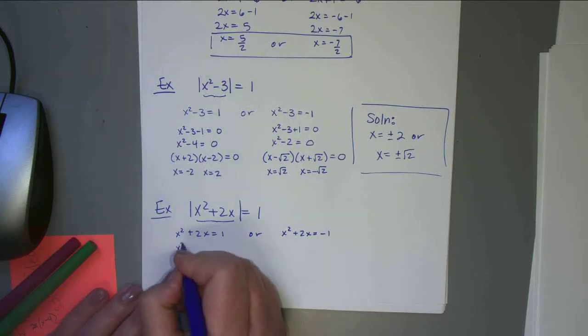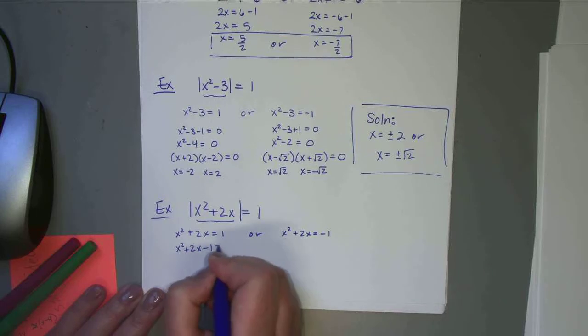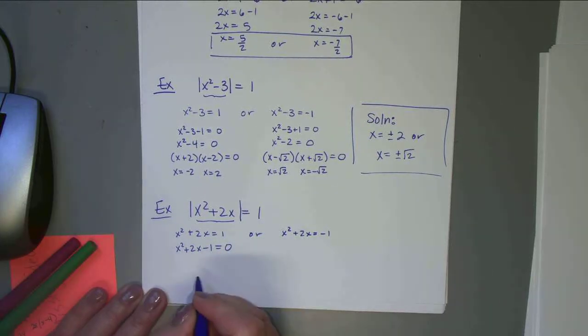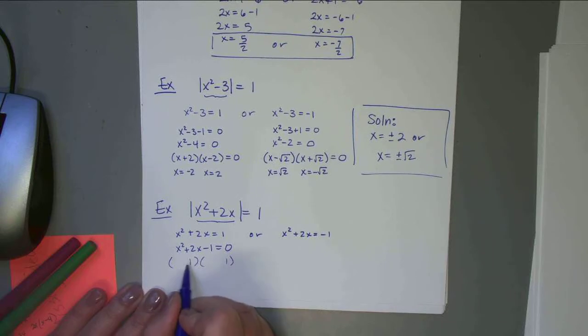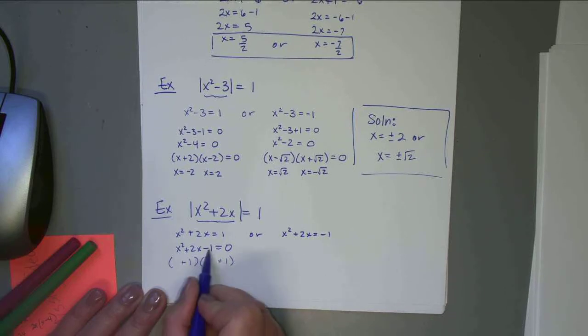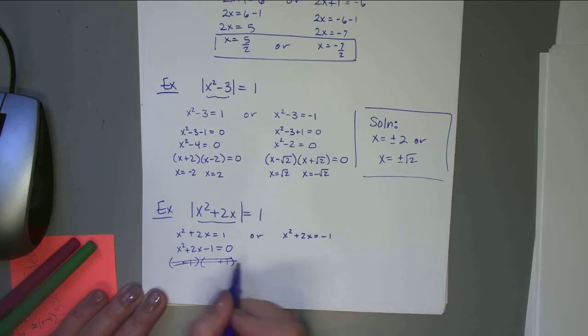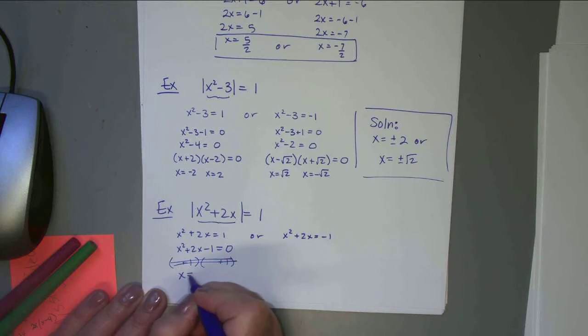So x squared plus 2x minus 1 equals 0. If we go to factor this, two numbers that multiply to give negative 1, 1 and 1, one of them would have to be negative. They want to add to give 2, so we would need both of them to be plus, but that gives us not a negative 1. So this doesn't factor. We use the quadratic formula.